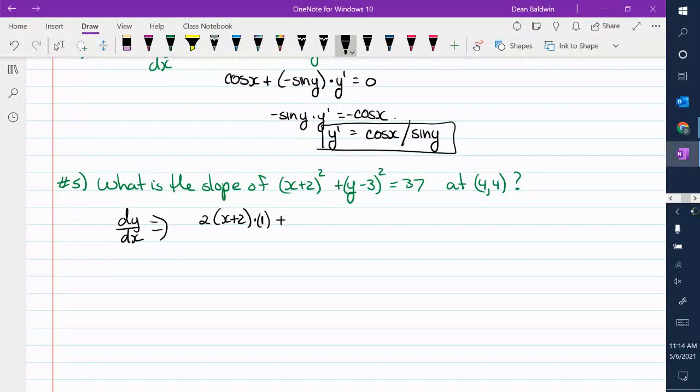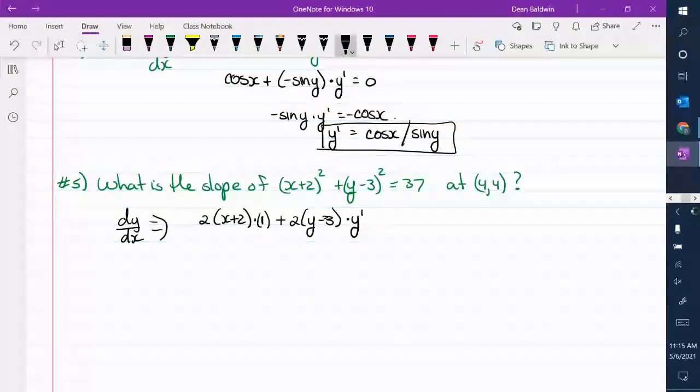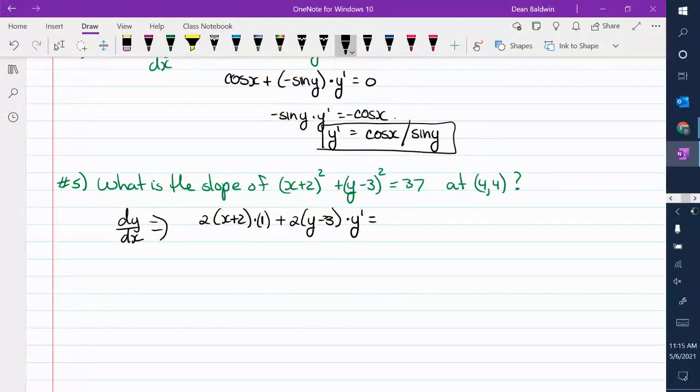Plus, so I'm doing dy dx for y minus 3 to the power of 2. So I have to use chain rule again. 2 falls down. y minus 3 to the power of 1 times the inside derivative, which is y prime, equals 0.